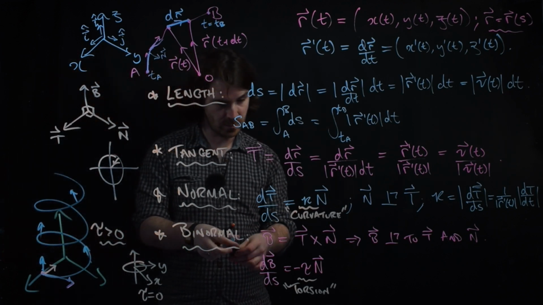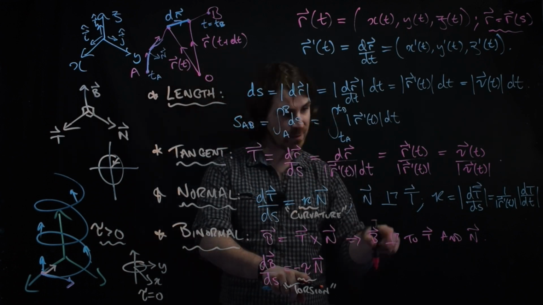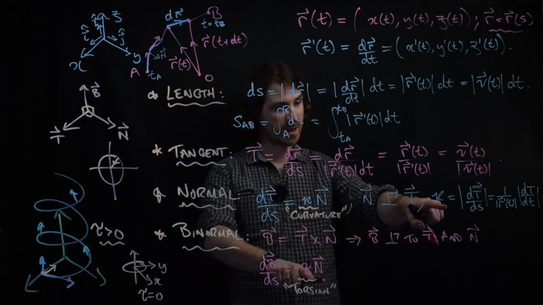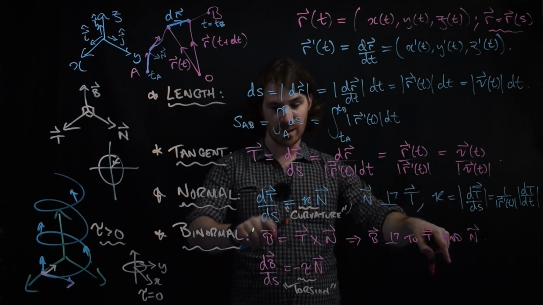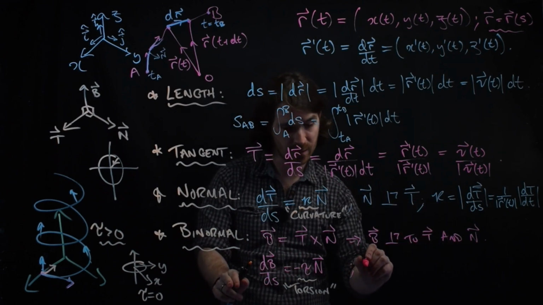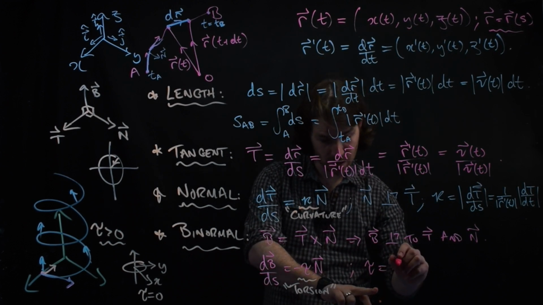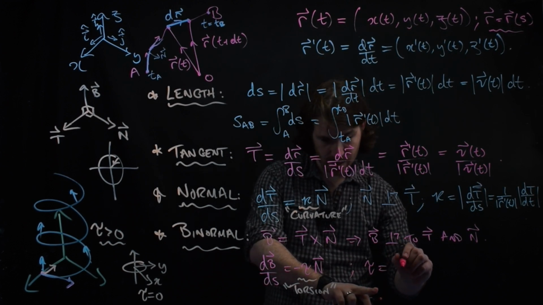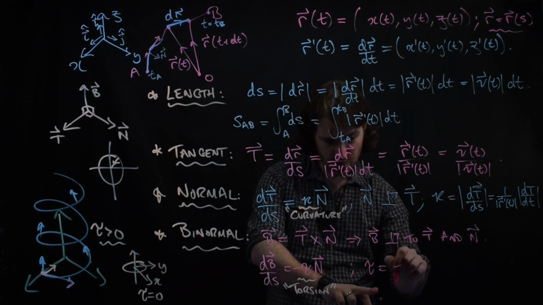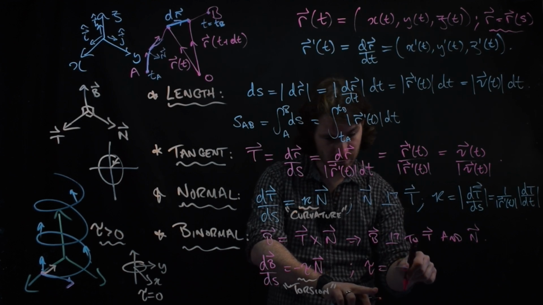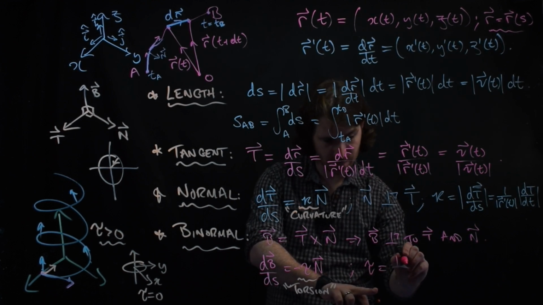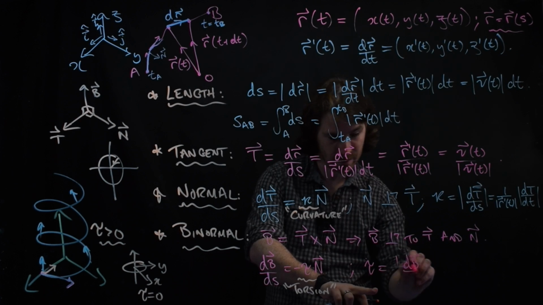Just like we can find kappa by taking the magnitude of both sides, we can find the torsion by doing the same. We take the magnitude, so we get the magnitude of dB by ds.